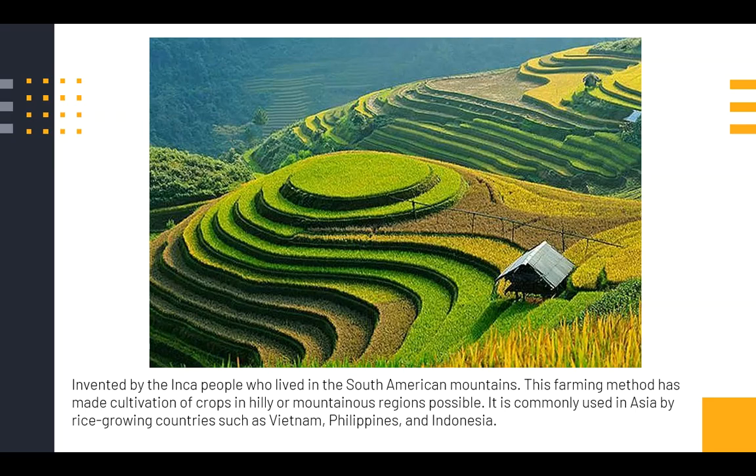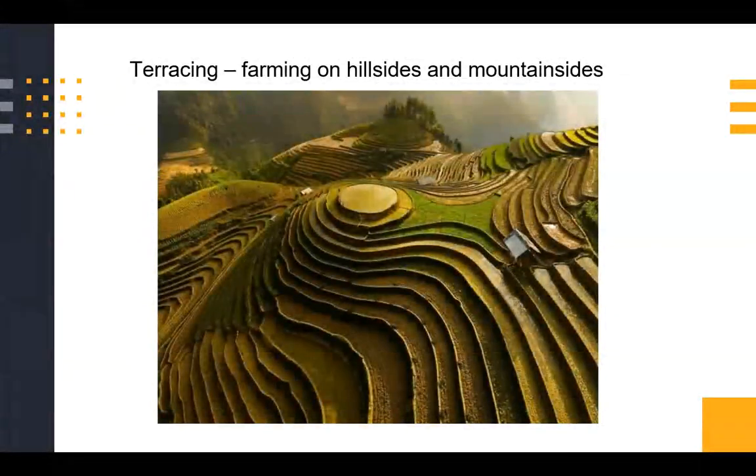If you're in the mountains and you want to make a lot of food, you can terrace. So write this down. If you don't know what it means, write this down. Terracing is when you take a hillside or a mountainside and you create like a staircase, basically.